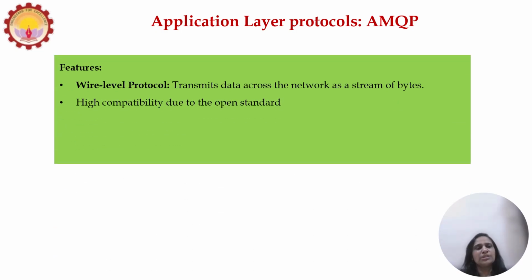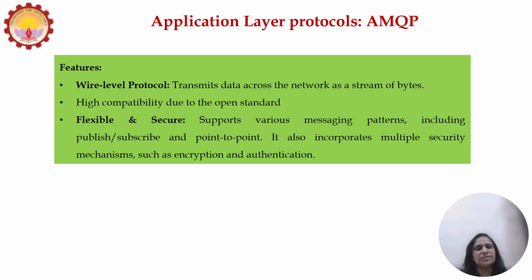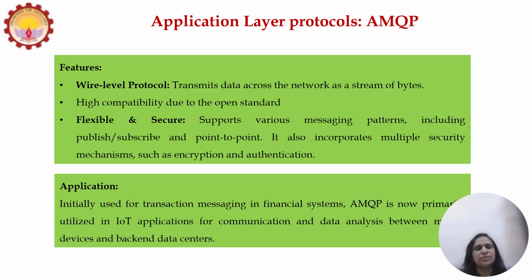So the main features are wire-level protocol, flexible and secure, and the main application was initially transaction messaging in financial systems, and now it is primarily utilized in IoT applications for communication and data analysis between devices and backend data centers.